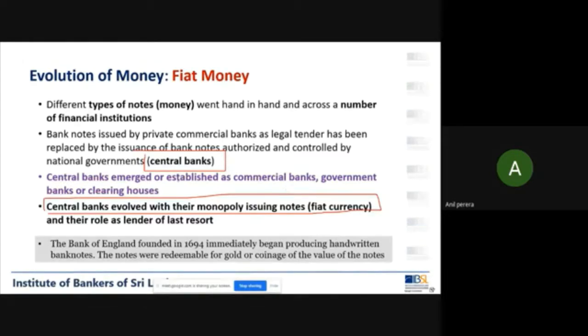Actually, the central bank in the UK was created to finance the war with France, right? So during this time, the British war was at high levels. The French army was very powerful. To attack them, the government needed money and people.